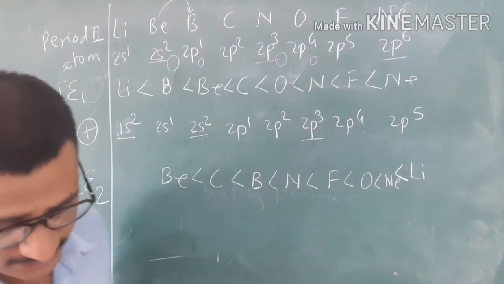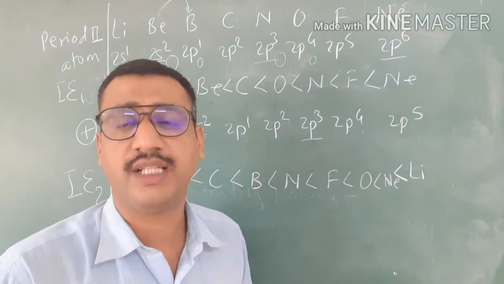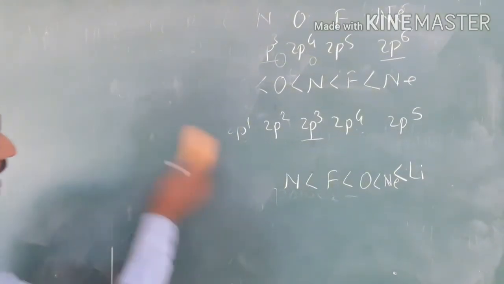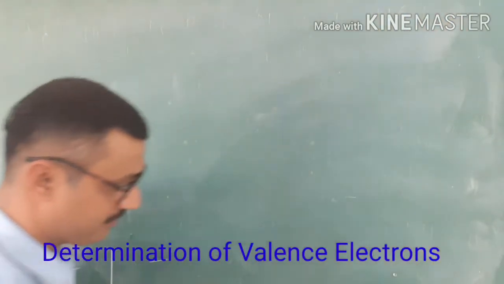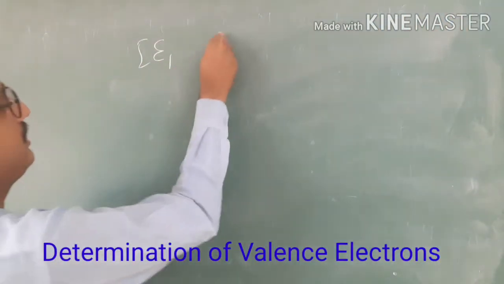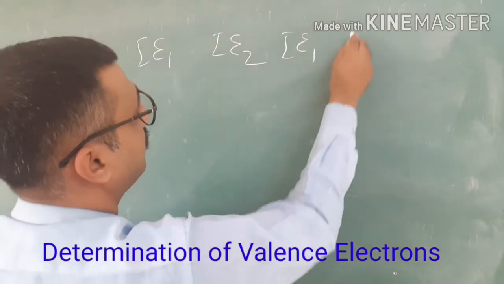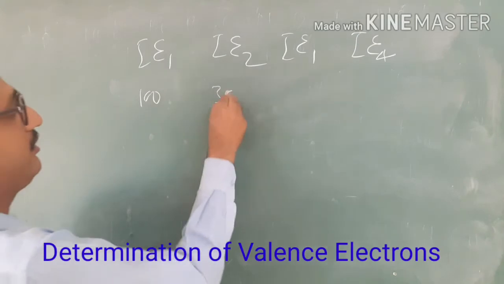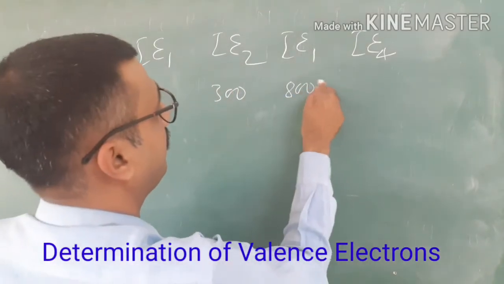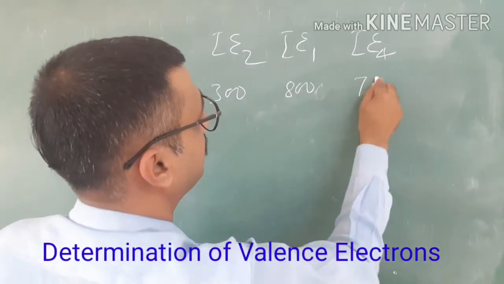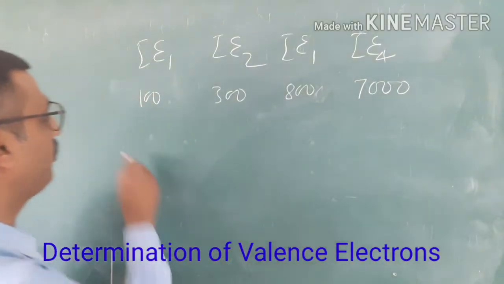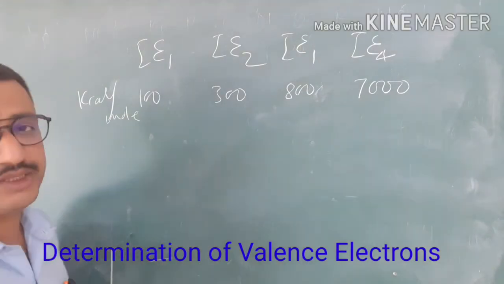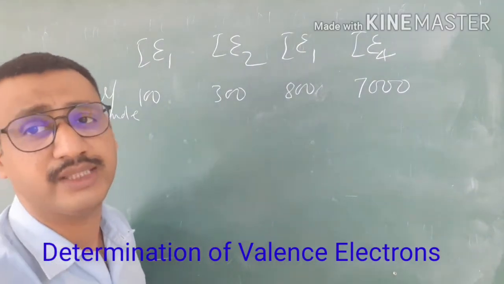Now last, what should I tell you? The valence electrons, how to determine valence electrons. If the ionization potential values are given, first ionization potential, second ionization potential, third and fourth ionization potential values are given, for example 100, 300, 800 and say for example 7000 kilocalorie per mole, and it is asked how many valence electrons are present.